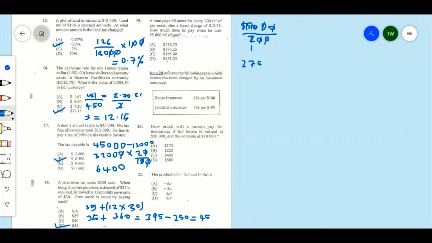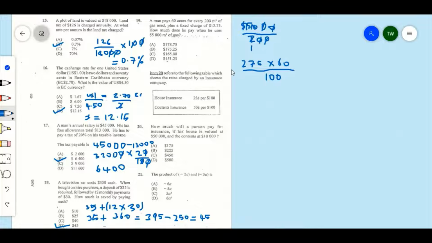Now we know that for every 200 cubic meters of gas, the man pays 60 cents. So that means we're going to multiply this 275 by 60 cents. We are going to multiply it by 60 cents and also divide it by 100, since 100 cents makes a dollar, and they give us the answer in dollars and cents.